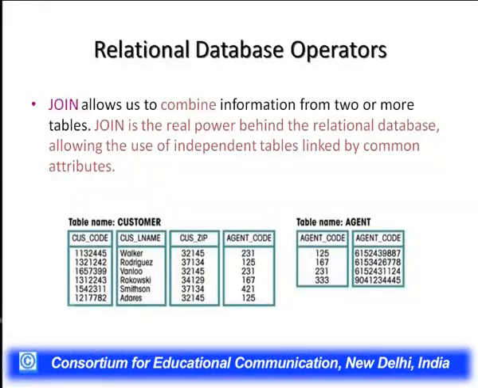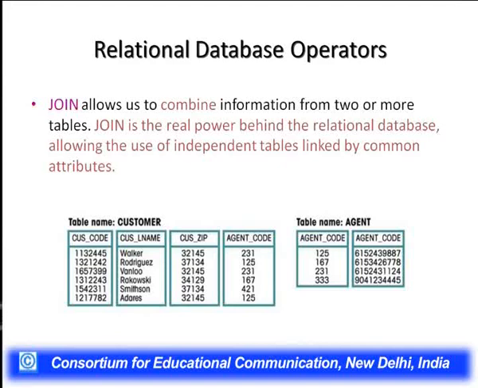The next operator that we discuss is the join operator. Now, join is the operator which gives relational databases their power, because you are able to combine information from 2 or more tables, and this is used for independent tables which are linked by common attributes.